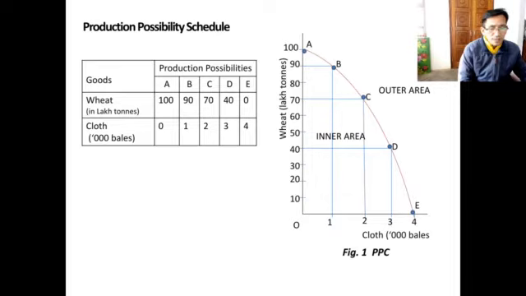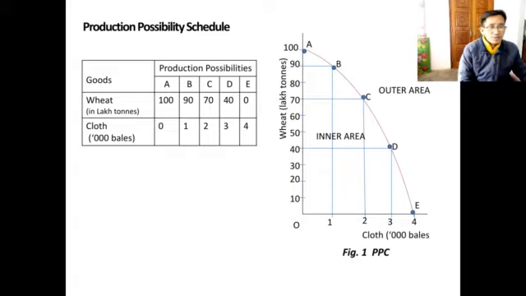The very first is production possibility A. Here we use all the given resources for the production of wheat, that is 100 lakh tons of wheat will be produced, and at this time there is no production of cloth.